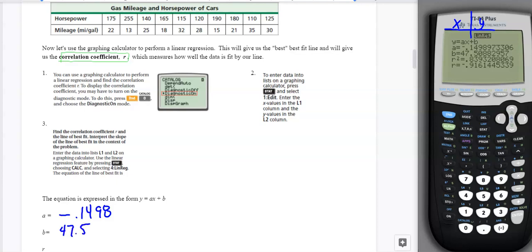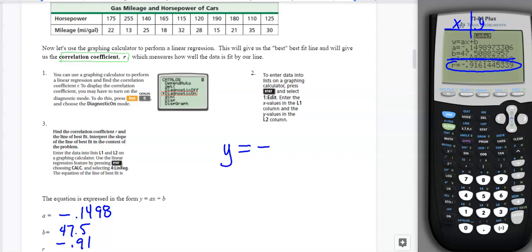And our r value, we're not going to really use r squared right now. That's another statistical thing we can look at. But we're going to look at our r value is negative 0.91. And I'm going to talk about that here in a second. But right now I just want to look at, we have an equation. So if we think about our equation, it's y equals negative.